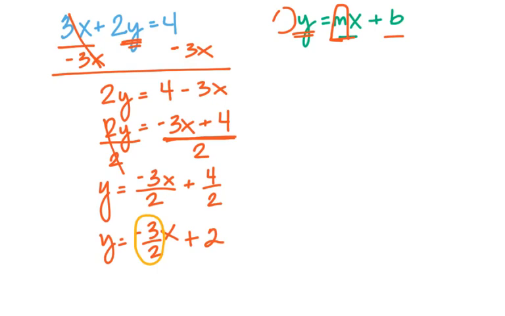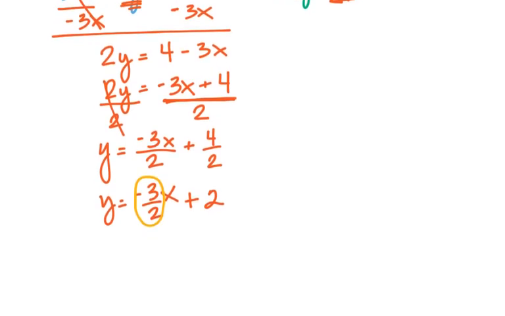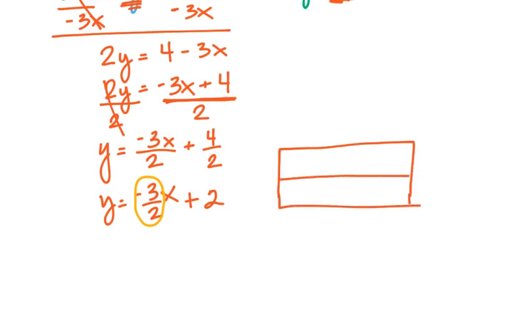So now that I have put it in this form, it makes it a lot easier to graph and to plug numbers in, giving x values and then solving for y values. So we're going to start with a 0, a 2, and a negative 2.